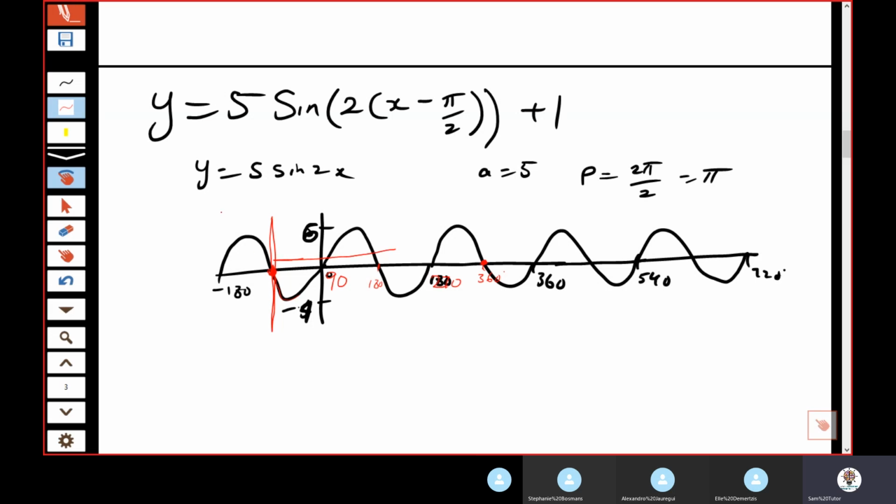Oh, how am I going to draw this in a straight line? So that is your 0 axis.